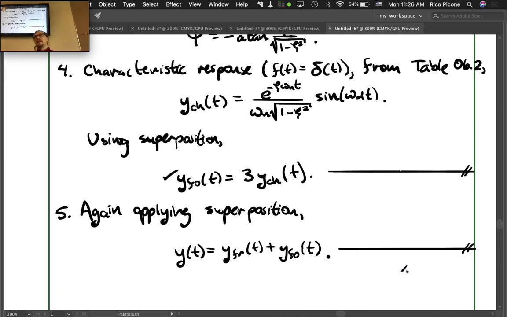Whereas if you go through the other process, you're going to end up with a bunch of complex exponentials, and you would probably need to convert that into a trigonometric form before you would have a good feel for it. I'm not saying that it would be a bad way to go, it's just a longer way to go. So that's why I'm advocating the use of these tables with superposition and the differentiation property. Okay?